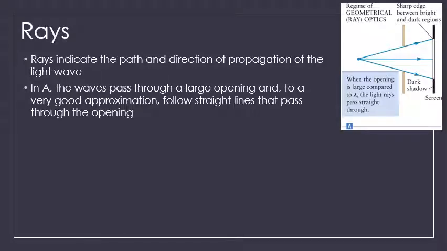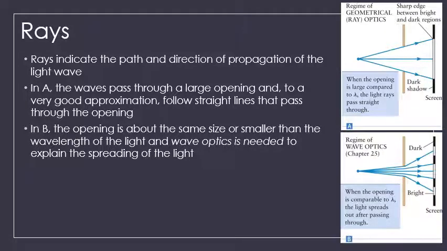So if you're looking at this diagram from your book, the wave passes through this large opening and follows a straight line as it passes through. So you get an opening, and then over on the wall or whatever screen over here, there are dark places, and then there are light places where the light hits.